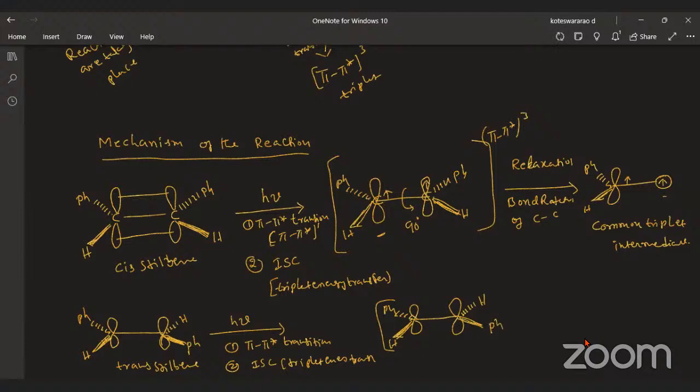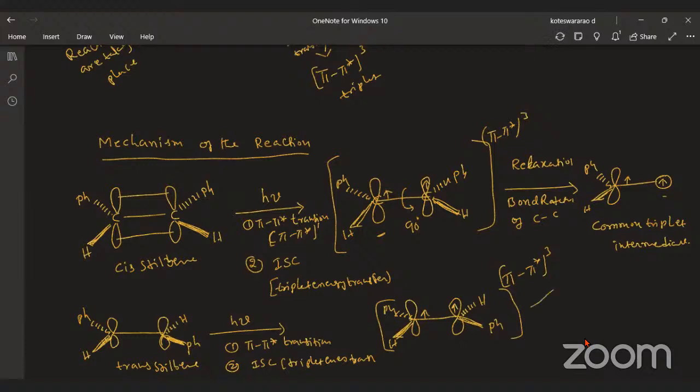Now, at this state, both the electrons are the same. Look at here, both are similar.